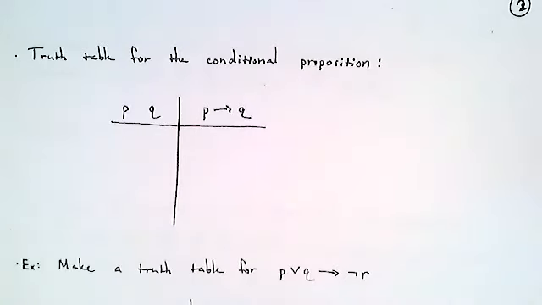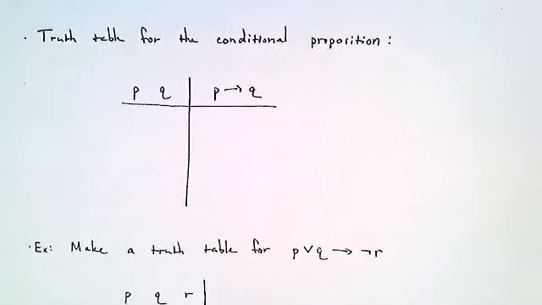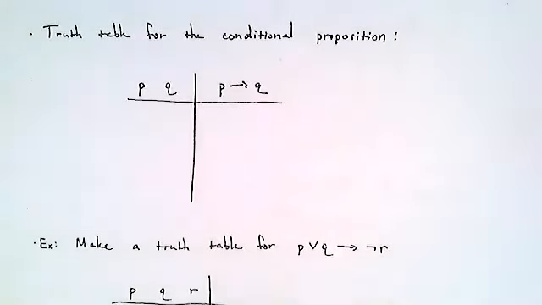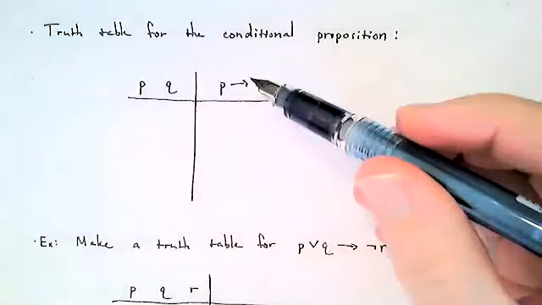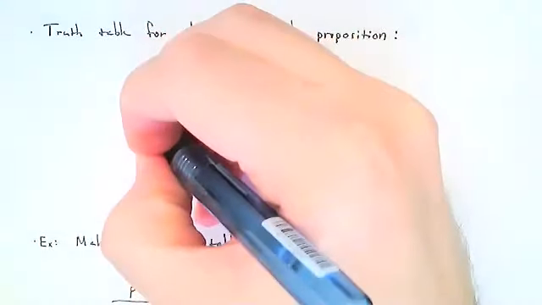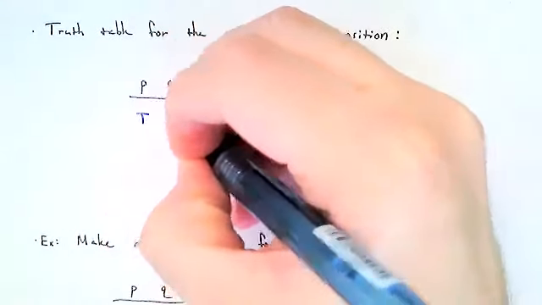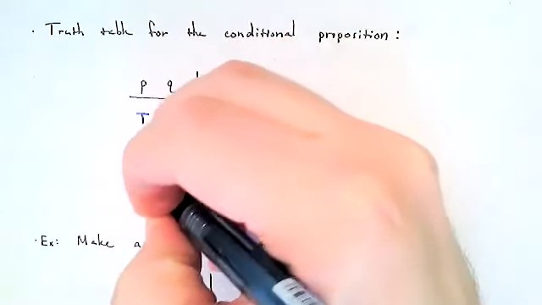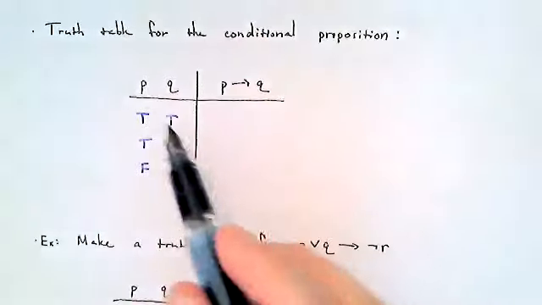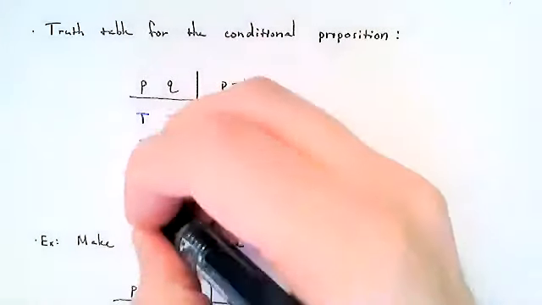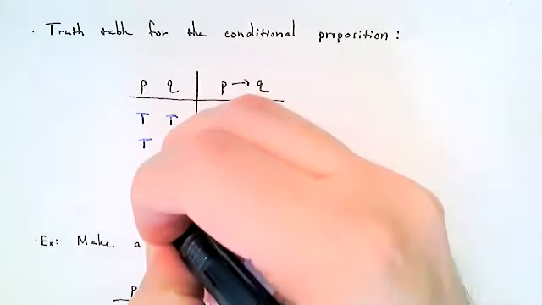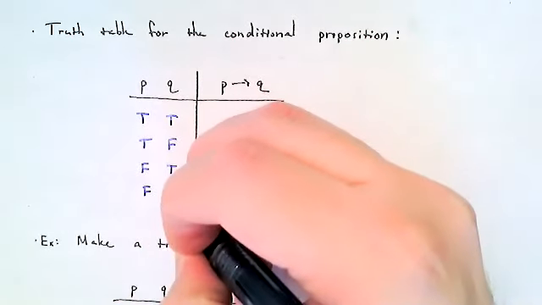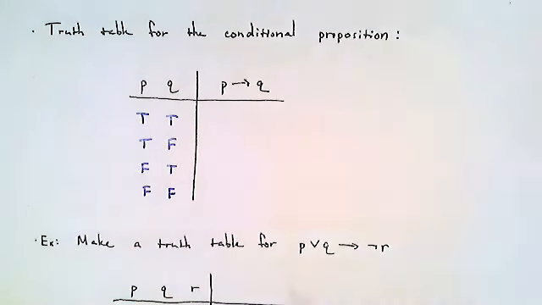Okay, so we needed to think that through, an example like that, because the next thing we want to do is fill in this truth table for our conditional statement. So there's 4 possibilities for the simple propositions P and Q. And now we have to just fill in what we were just talking about.